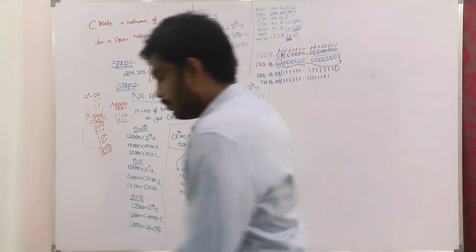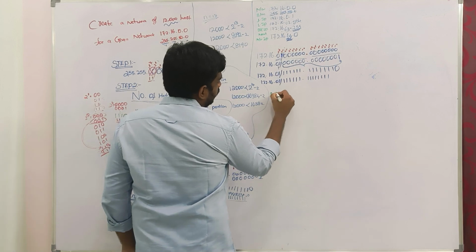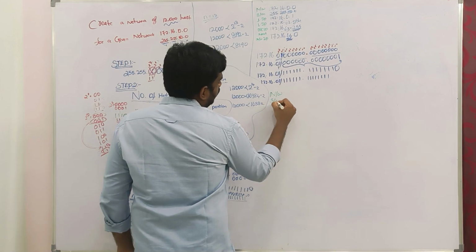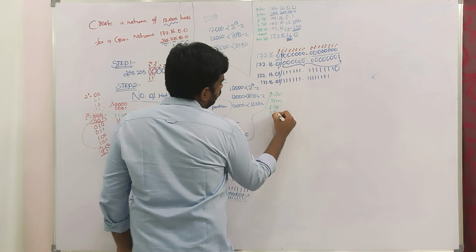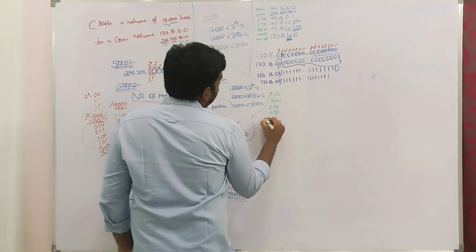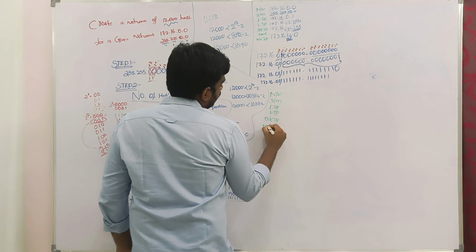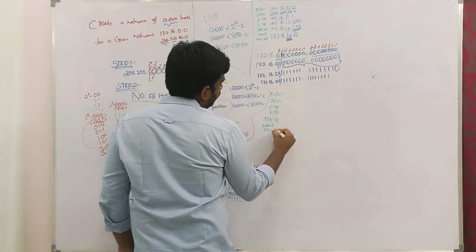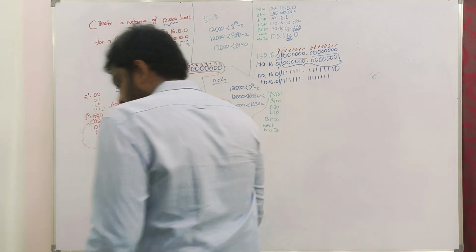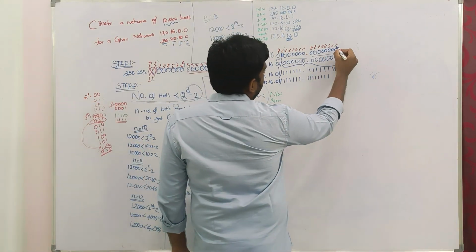Now please write what is the network IP, what is the subnet mask, what is the first IP, what is the last IP, what is the broadcast IP, then what is the next network IP. Our network IP: now multiply by 0.